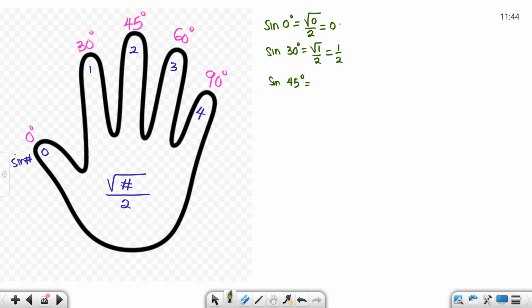What's the number? Sine 60 degrees. What's the number? Sine 90 degrees. Root of 4 over 2. But what's the square root of 4? It's 2 over 2. Answer? 1.